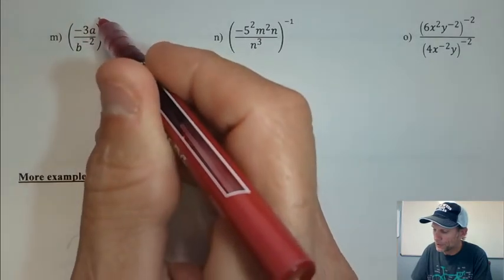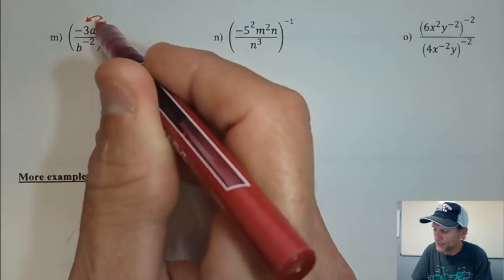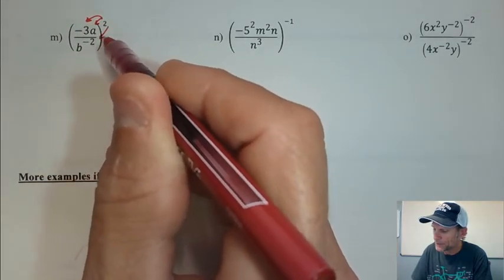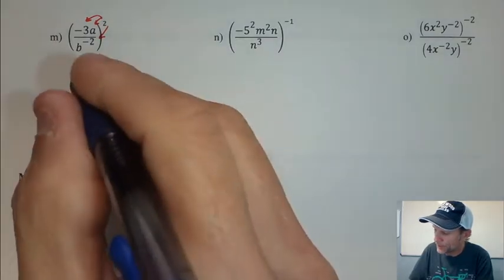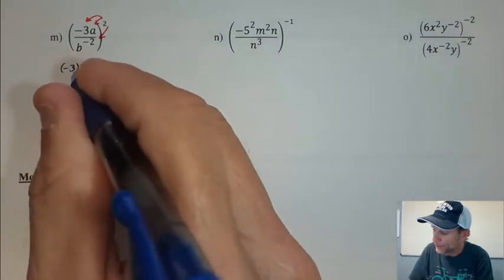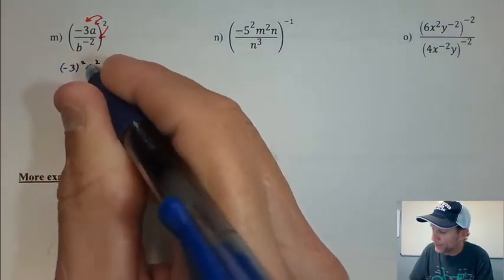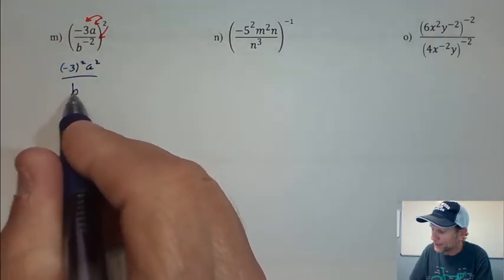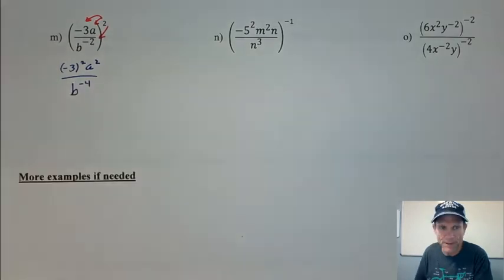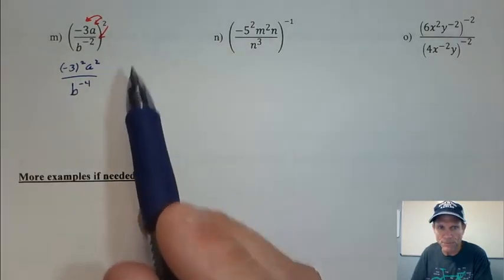So we have this power of 2 out here. We want to make sure and go in and hit everything inside the parenthesis here. And so when we do that, we get -3 squared and a squared, and then b to the -4, because remember we have power to a power, we multiply.